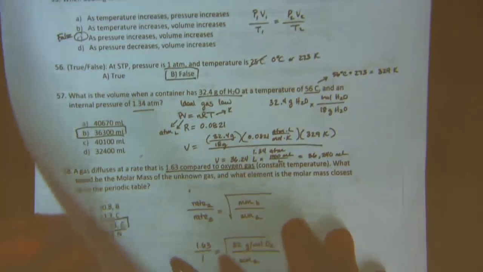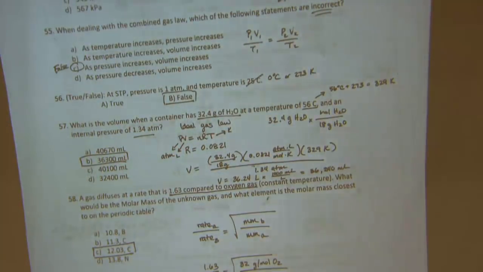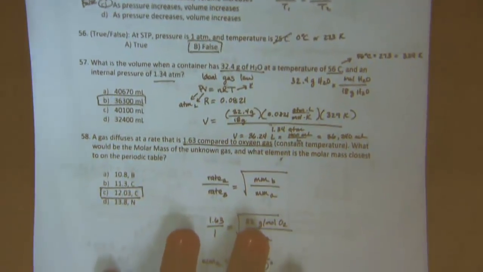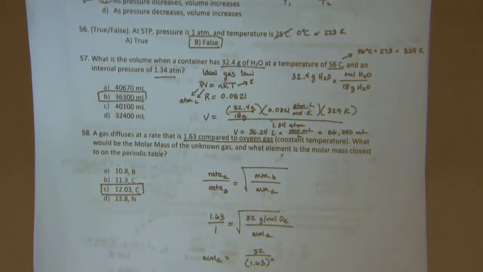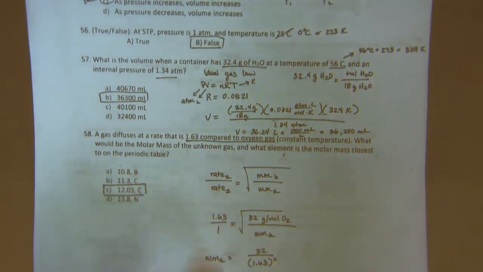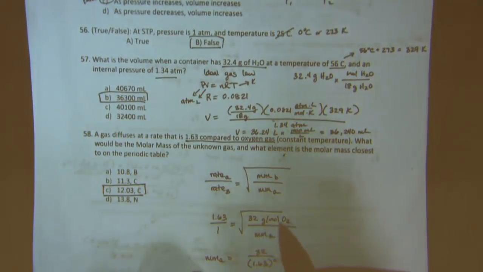All right. So do we have any questions about the gases at all? Yeah. For 32, okay, really good question. The question was, how did we get 32 for O2?